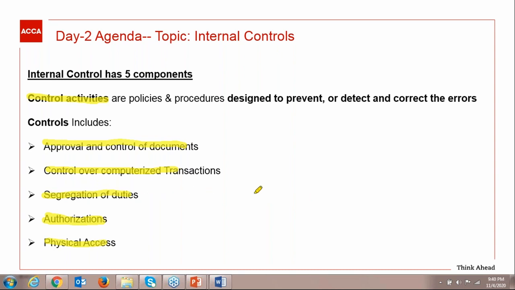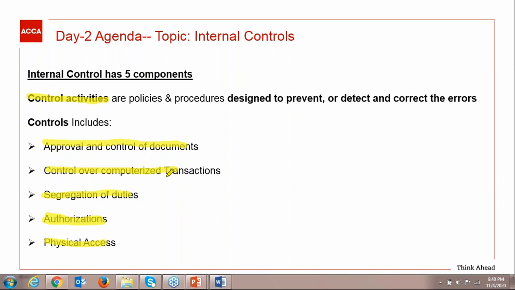You have placed the internal control with the help of control activity. You have understood what was the control objective. Now you are going to place the internal control. So how can you place the internal control with the help of control activities? In the purchase department, you will do the segregation of duties among the three different personnel. So that's the internal control you have made with the help of control activity.